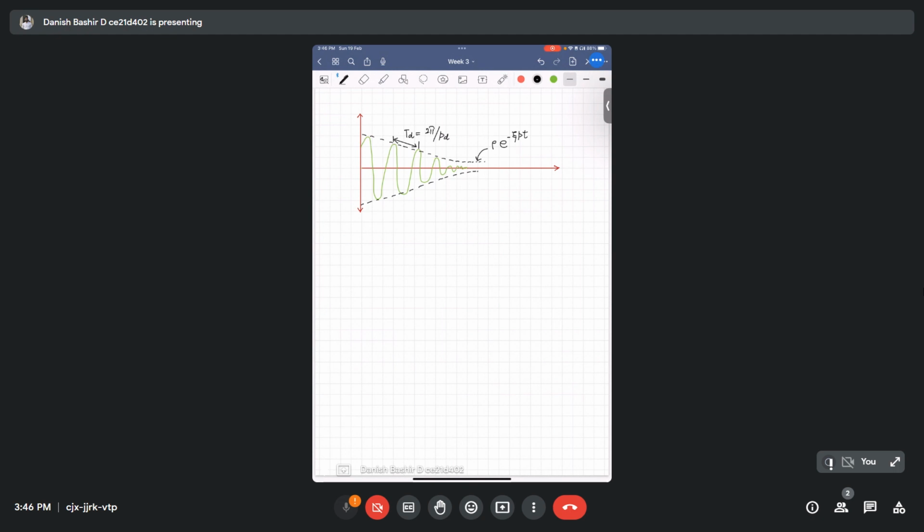For example, after n cycles it has amplitude xn here, and after n plus 1 cycles it has amplitude xn plus 1. We have the damped time period td equal to 2 pi by pd, the damped natural time period.